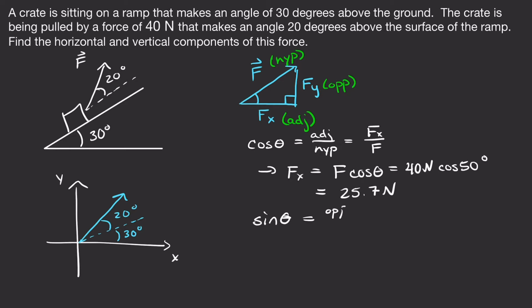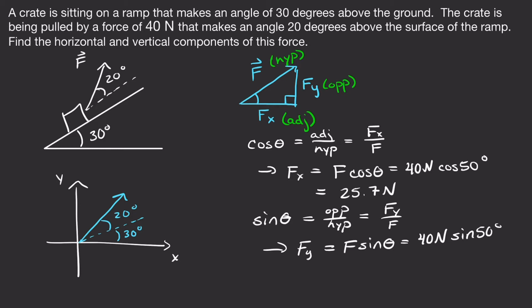This is opposite over hypotenuse, or the y component over the hypotenuse. And this gives me my y component, if I rearrange, F sine of theta, or 40 newtons times sine of 50 degrees. And this will give me 30.6 newtons.